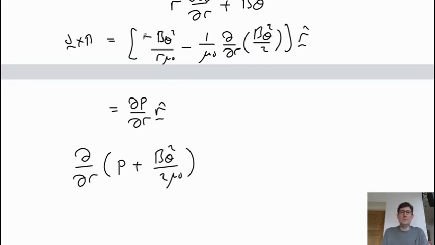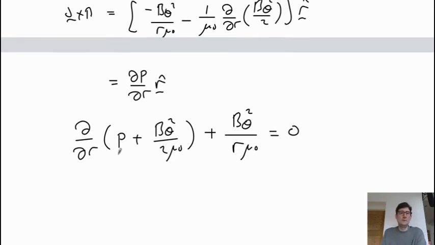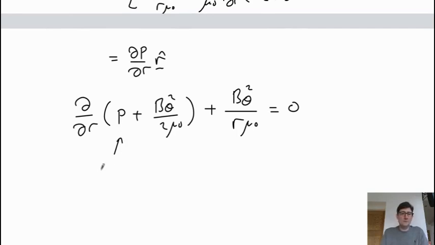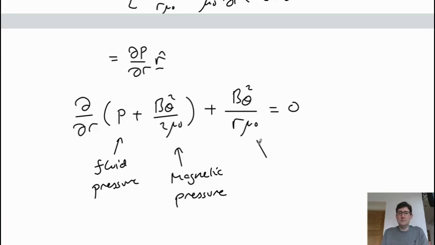Now we have an extra term here. We have this B theta squared over r mu naught, and this whole thing is now equal to 0. So this was the fluid pressure, this is the magnetic pressure, and then this term is magnetic tension. It's a force which is coming from the bending of magnetic fields.